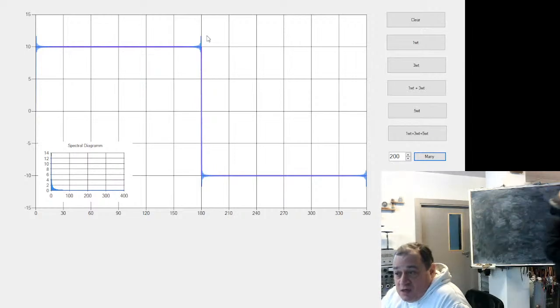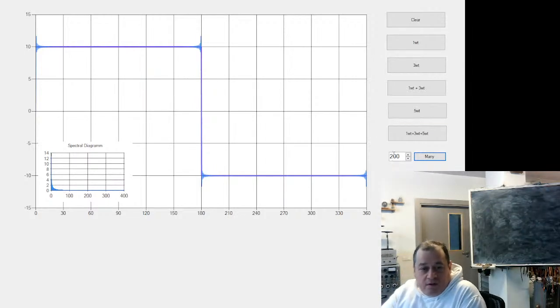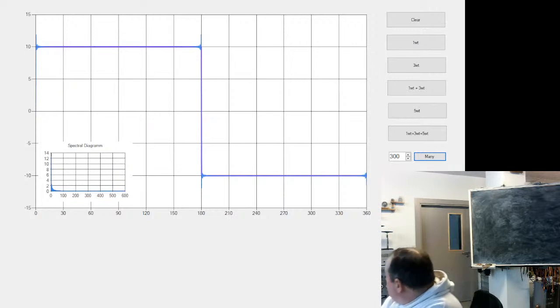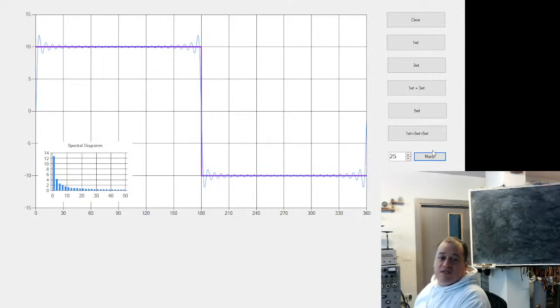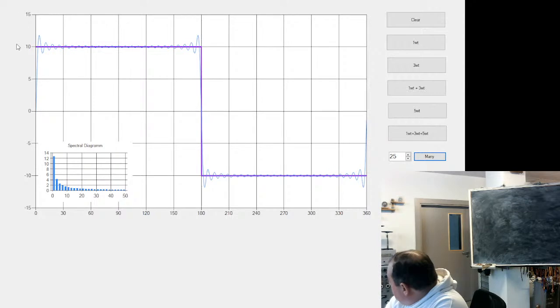It does not disappear. I can't remember what the maximum is. 300. Yeah, 300. The needles do not disappear. Can you see it? It's small. And it will never disappear, for example, like this, 25. It's an interesting problem. The short needle never disappears.